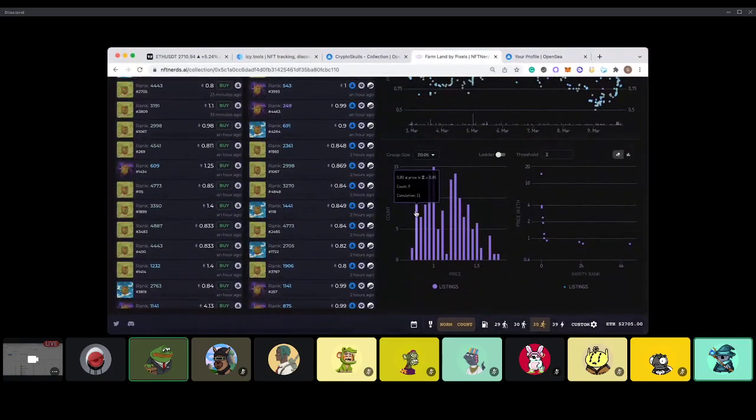Now, I want to see the 1 ETH floor. To break the 1 ETH floor is 41. All it takes is one good announcement and we break that wall, because we don't have 100 or 200, only 40 listed. So this is how I look at the sell walls, thick versus thin.